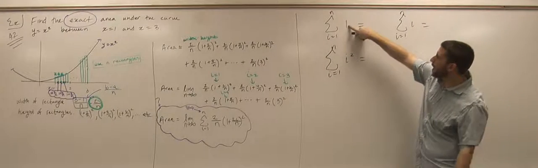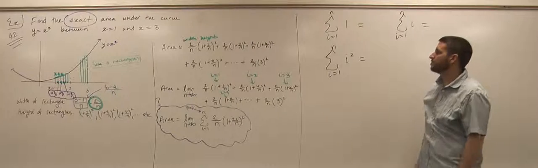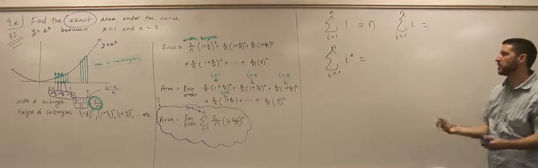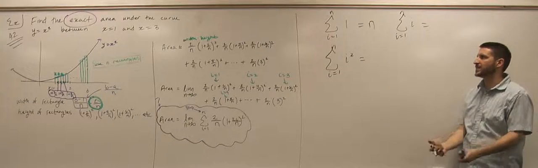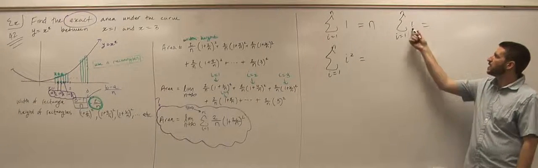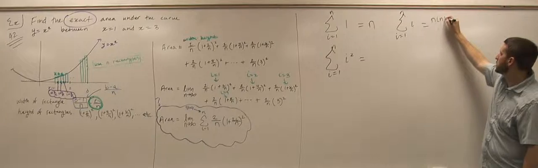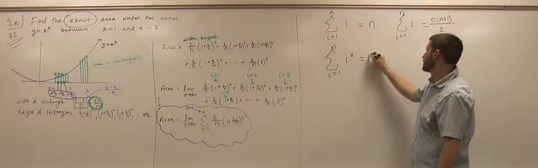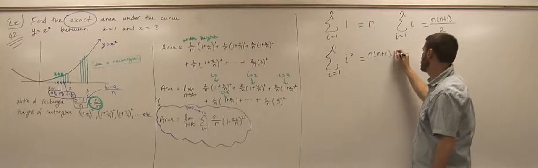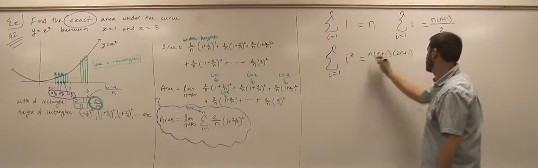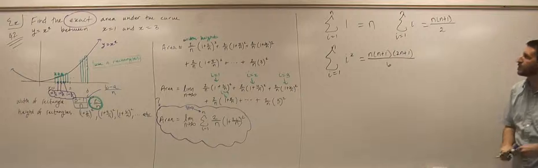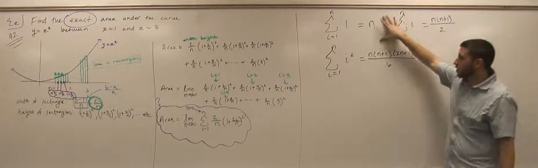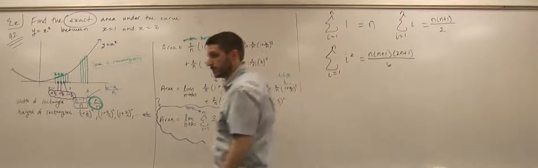If you sum up 1 n times, do you remember what you get? n, right? Because if you sum up 1 5 times, you get 5. If you sum up 1 17 times, you get 17. This guy had a formula like this. And this guy had a formula, I think, like this. So we're going to try to apply these over here.